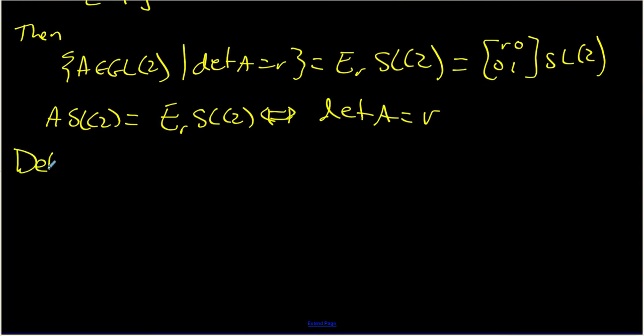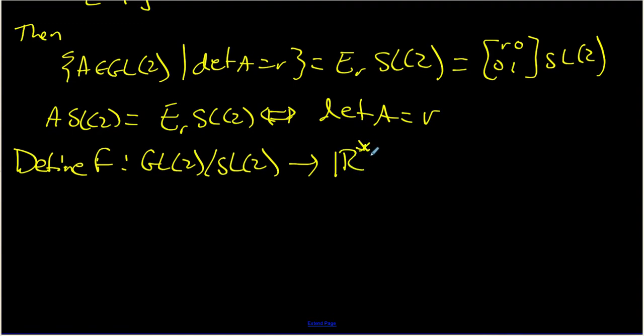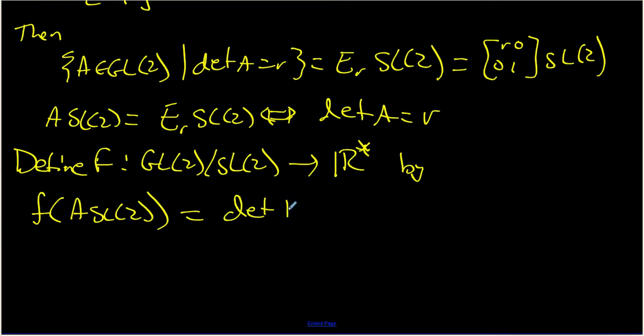So we're going to define a function f that goes from GL2 mod SL2 into the non-zero real numbers, and we're going to define this by f of any left coset is just the determinant of the representative of the coset. And the claim is that f is a group isomorphism.